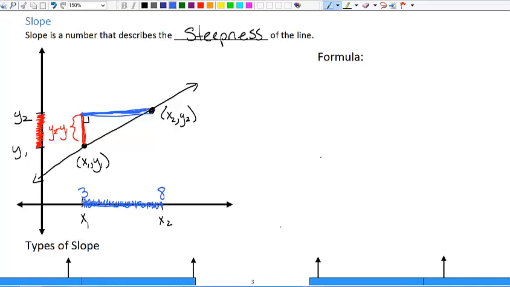What's the distance between 3 and 8? And students will always say, oh, 5, that's easy. Well, what if I took off the numbers? What did you do to get 5? You took the second one minus the first one. So this distance right here is just x2 minus x1. So we have to rise y2 minus y1, and we have to run x2 minus x1.